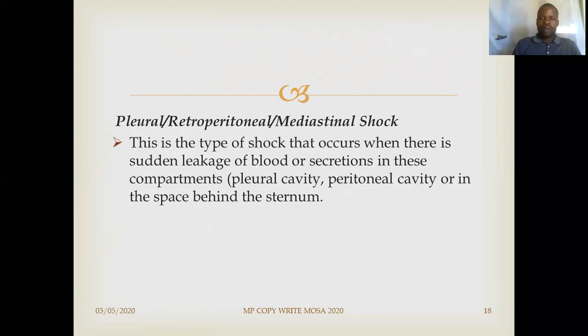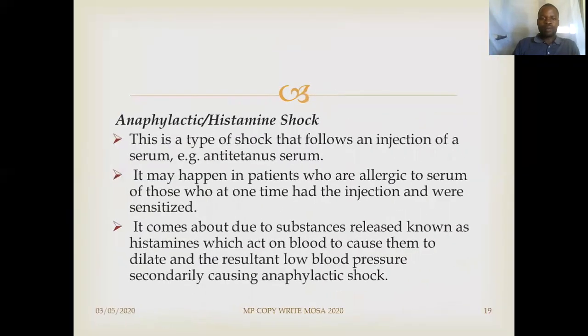This is the type of shock that occurs when there is sudden leakage of blood or secretions in these compartments: pleural cavity, peritoneal cavity, or the space behind the sternum. So when there is leakage of fluids between these compartments that we've mentioned, they may bring about one of the shocks that we mentioned.